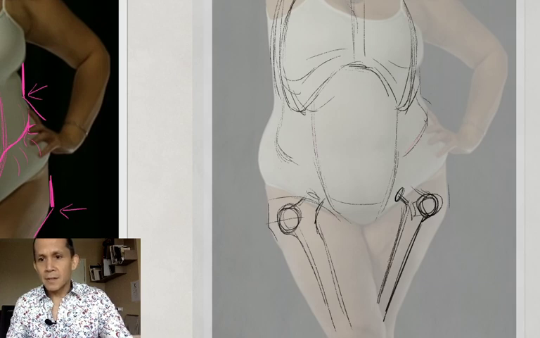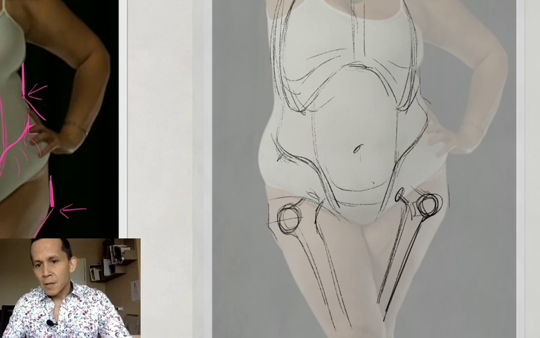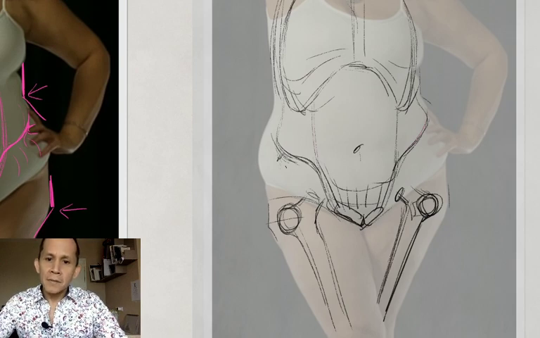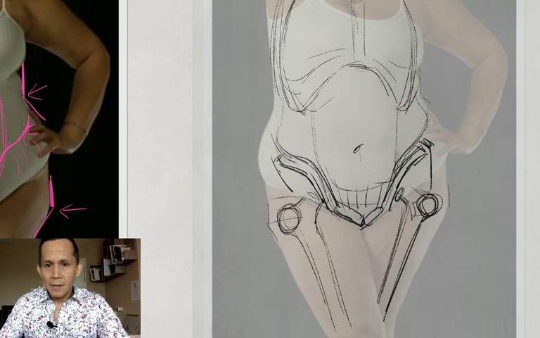Which means if the oblique is like this, the abdominal wall is like this, the abdominis rectus, the belly button is here, that means the tendon is here, that means the pubis, which is the front part of the hip bone, so it must be like this.